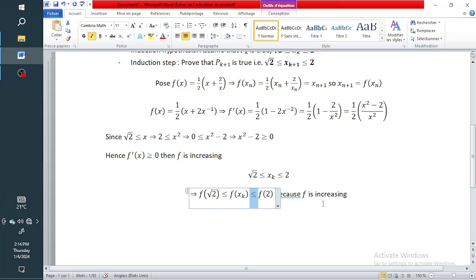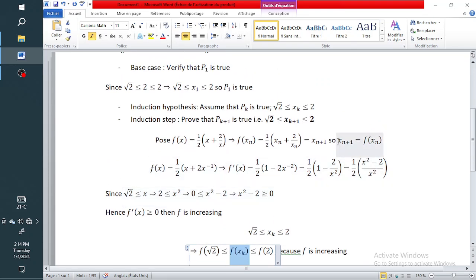Alright, so that was why we were finding the monotony of f, to know if it is increasing or decreasing. Now from here, you realize that f of x of k is simply x of k plus 1, because we have that x of n plus 1 is f of x of n.